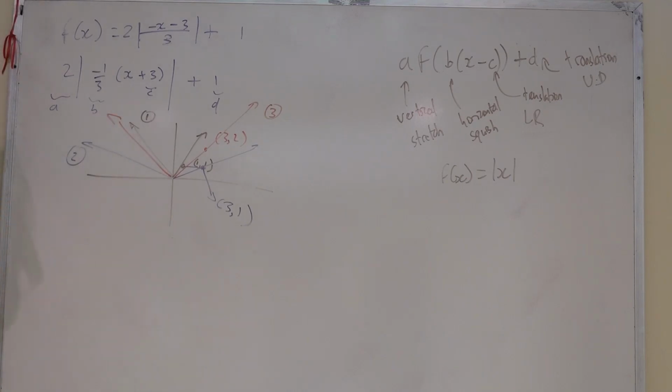Okay. Now we've taken care of all the scaling. All we have to do is take care of these translation effects. So C, because it's a plus 3, will shift it left by 3, and D will shift it up by 1. So let's translate each of these points 3 to the left and 1 up.